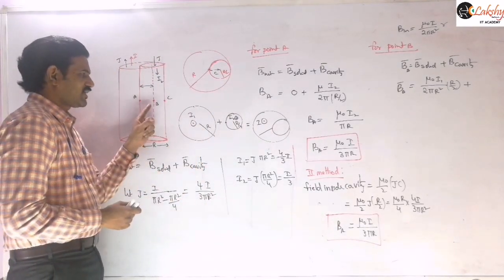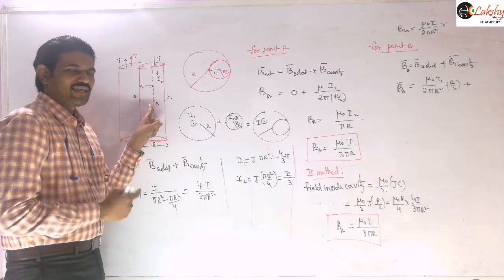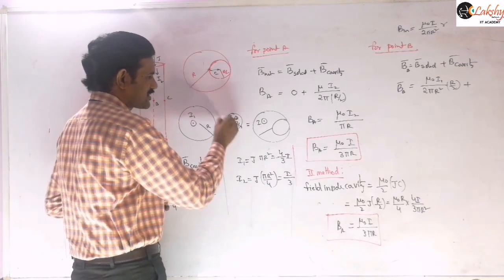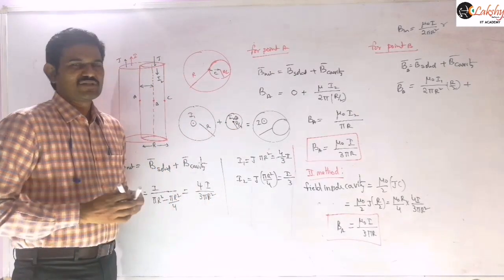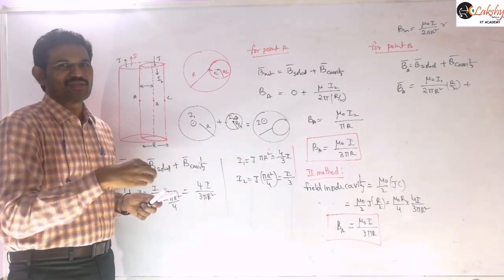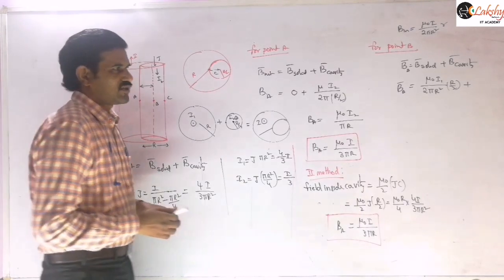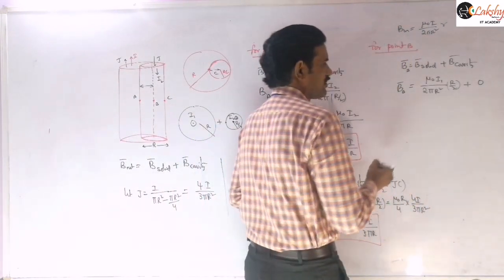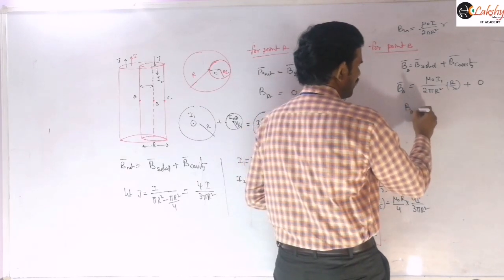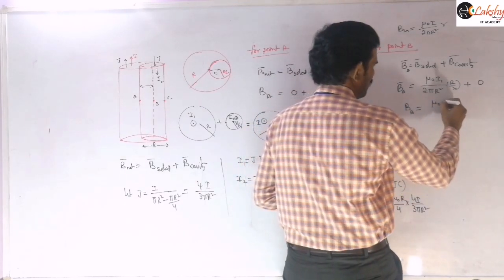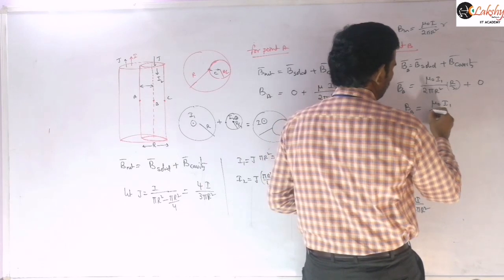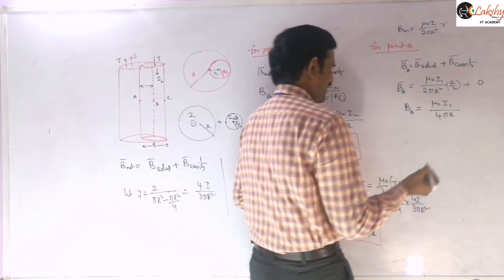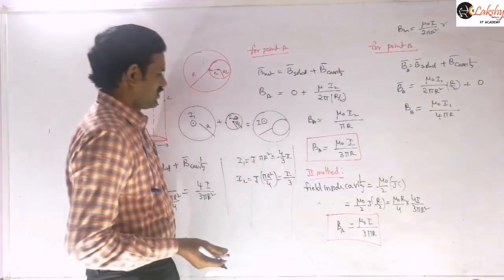But if you observe carefully, B lies on the axis of the cavity. So for this cavity, it is on the axis here. On the axis, the magnetic field due to the cylinder will be 0, right? So that means this term will become 0 here. Therefore, you can write this magnetic field as mu naught I1 by 4 pi r. Now again you can substitute the I1 value there.